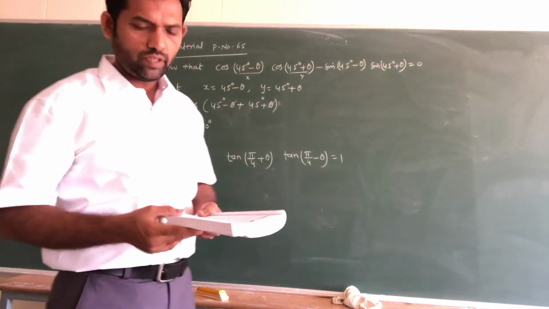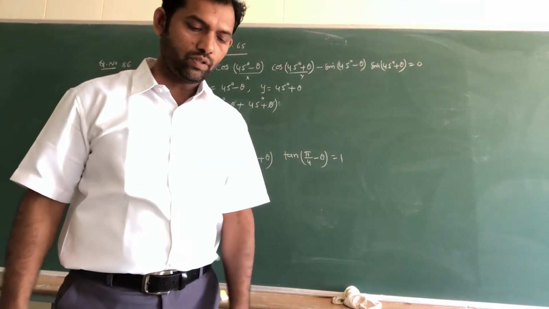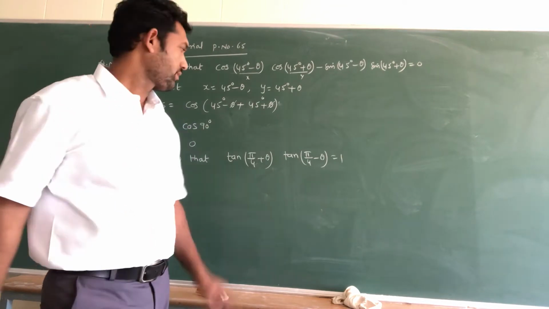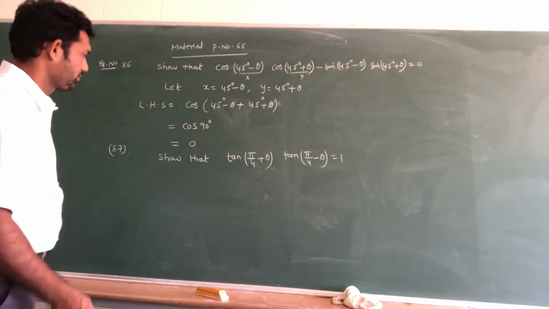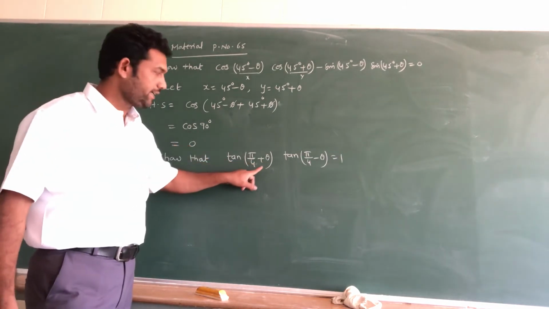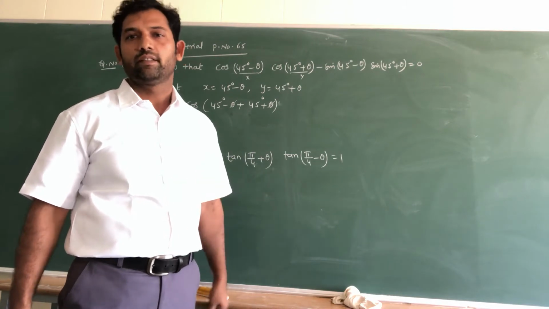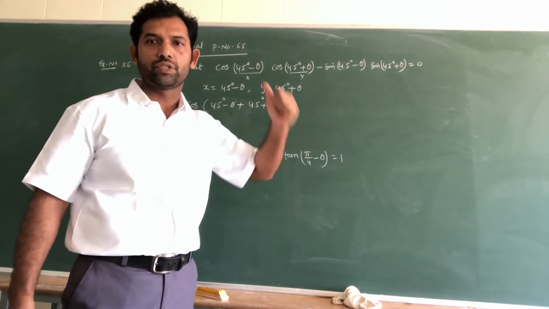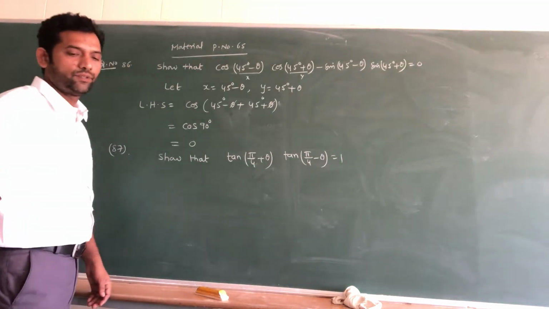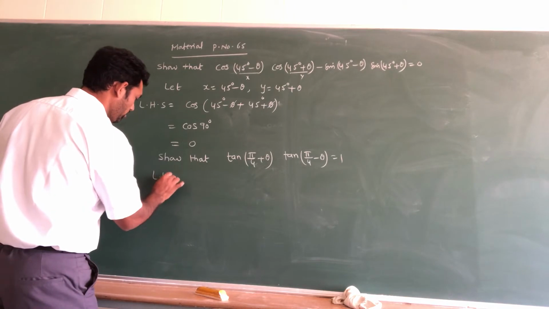Very simple question, you have to simplify. Try this one. Just apply the tan(x plus y) formula and the tan(x minus y) formula. Then simplifying, we will get the solution very easily. Still any confusions?